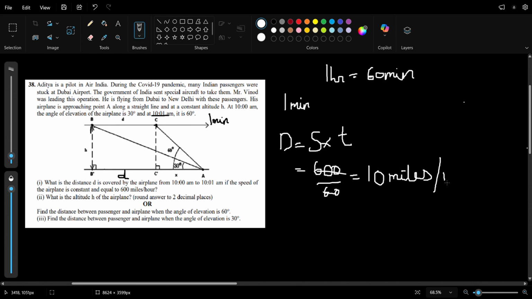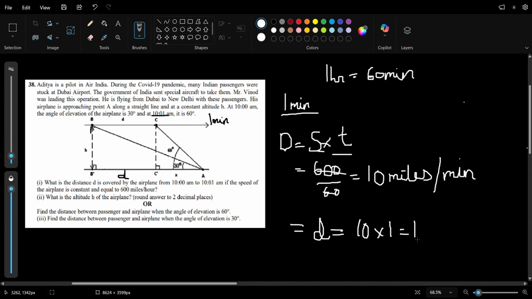I have miles per minute. Now if it travels 10 miles per minute and the time difference is 1 minute, you have to find the distance. So distance is equal to speed into time. In this case it's small d. Distance equals speed, which is 10 miles, into time, which is 1.